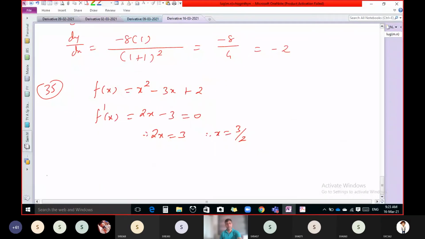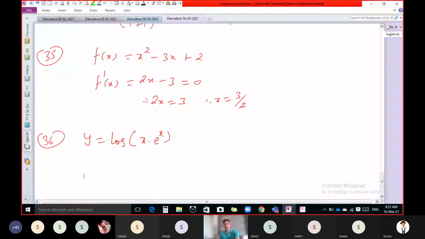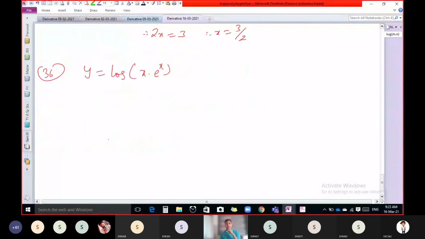Let us do 36. Y equal to log of x into e raised to x. Find dy by dx. First step, don't differentiate because log is there. Use the rule of logarithm. The first simplified form is log x plus log e raised to x.